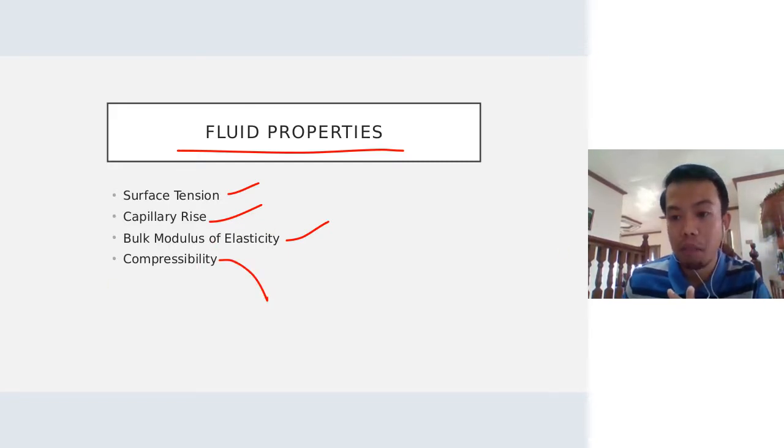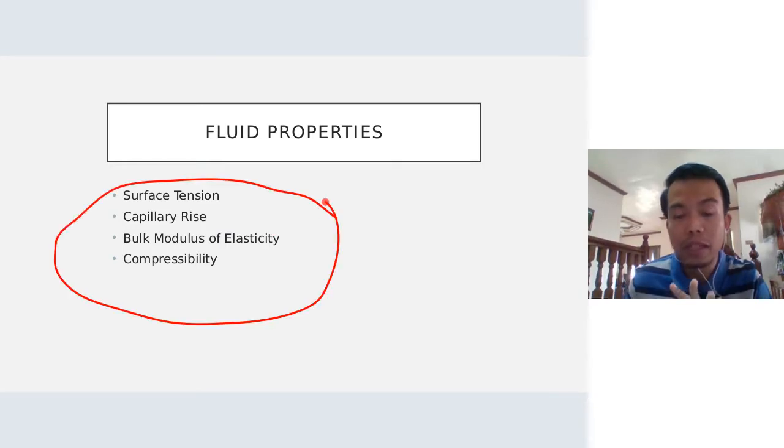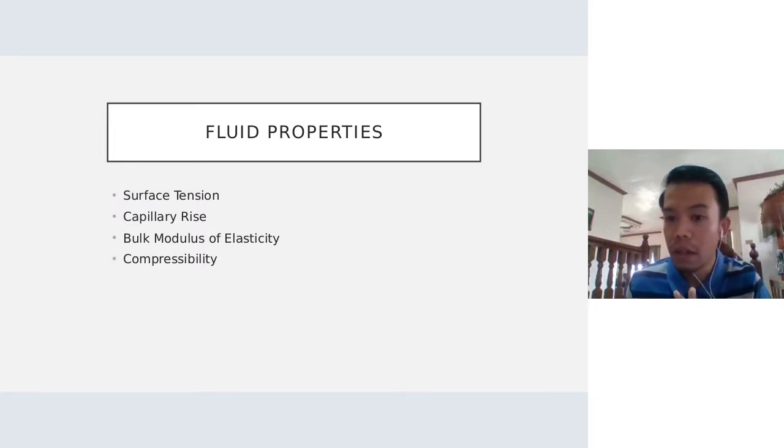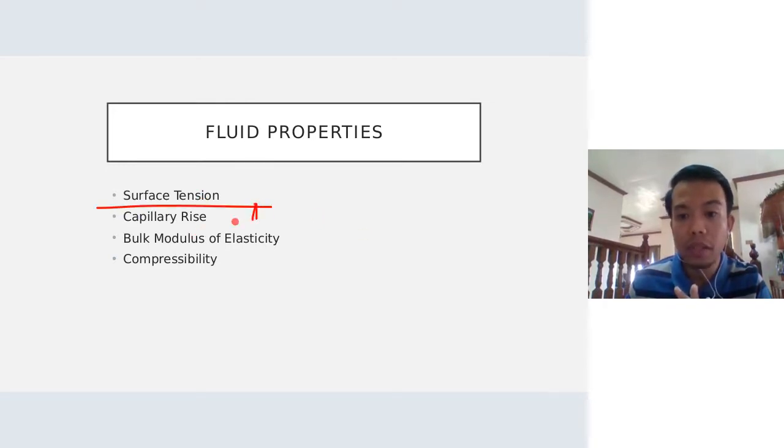These are other fluid properties that describe the behavior of fluids. When we say fluids, it's both liquid and gas. So, that's what will be discussed today. Okay, these 4. So, let's begin with surface tension.